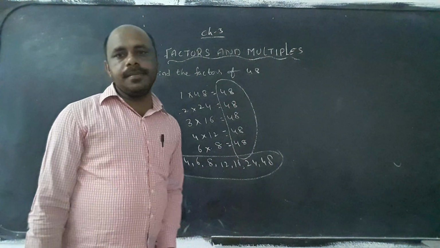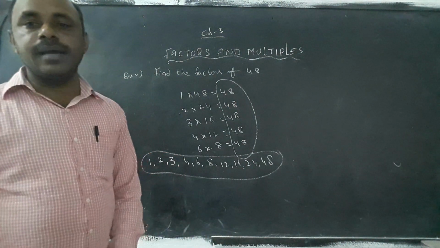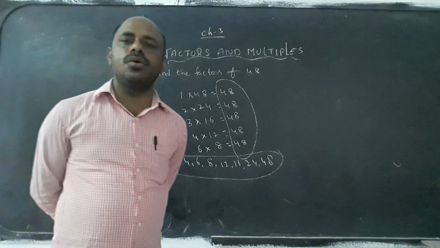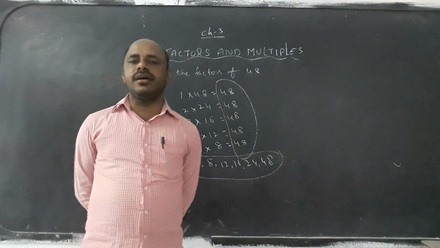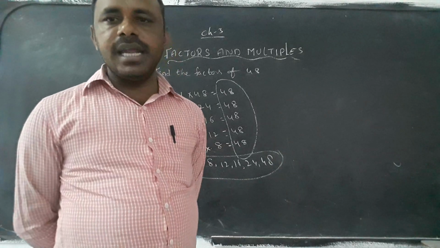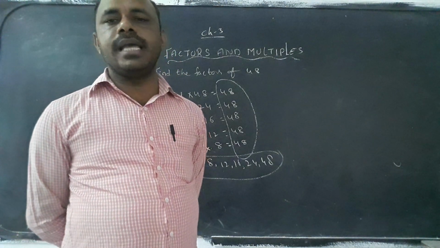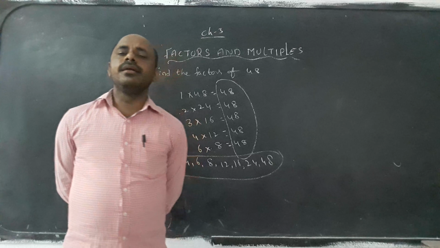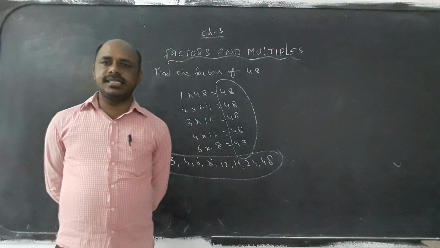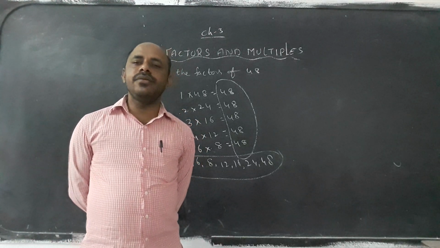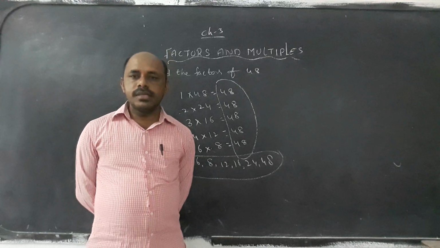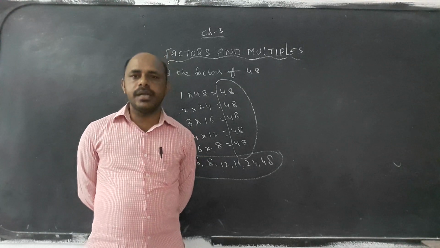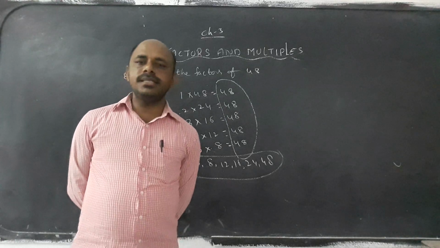Whatever number we get where the remainder is 0, that you have to take as a factor of the given number. If you are not getting remainder 0, then that is not a factor of that number. You can do that process. Okay children, thank you.